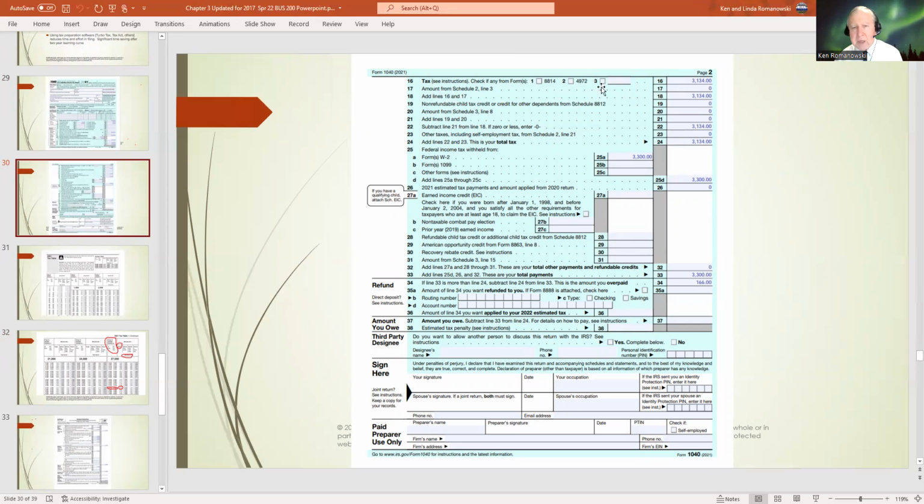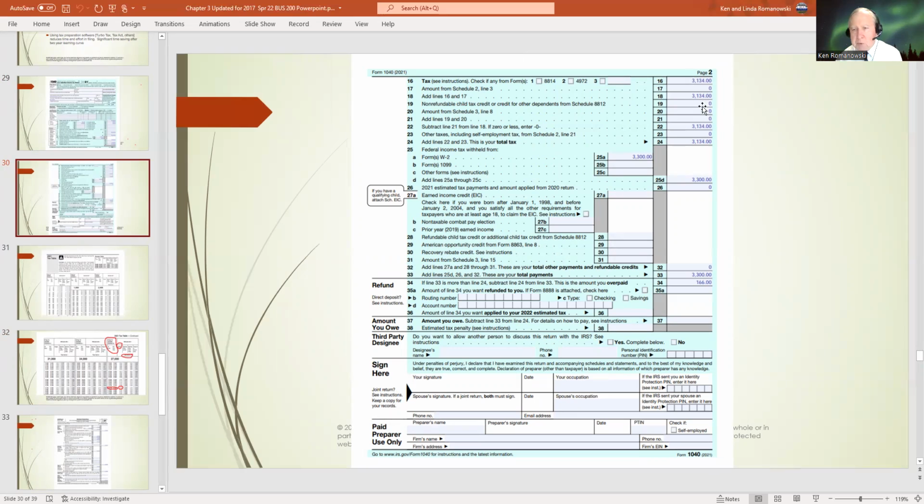Okay. Now, if you have any of these other schedules, then you put them in here, but he doesn't have that. So there's no other schedule that he's got to make an adjustment for. So he's just going to take line 16, and it's the same 16 as it is on 18. So he moves that down to line 18. He doesn't have anything that appears on line 19, 20, or 21.